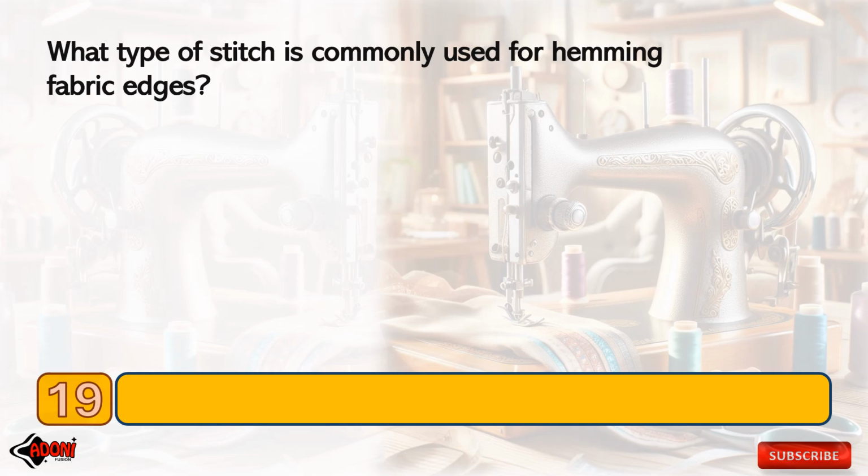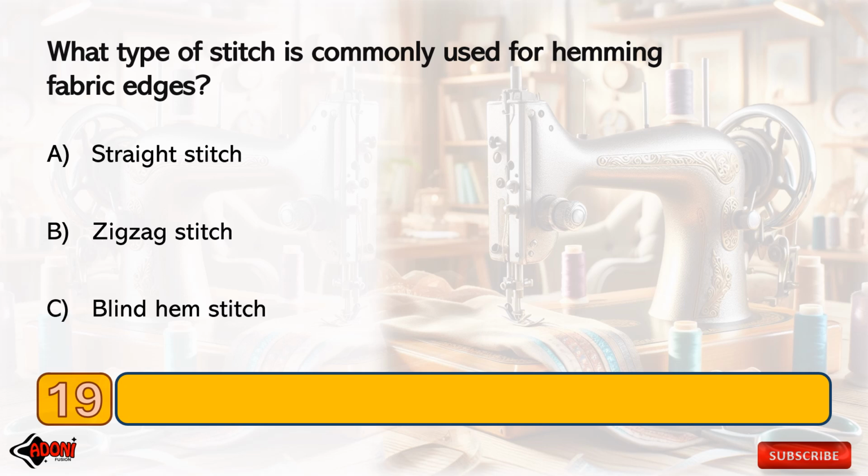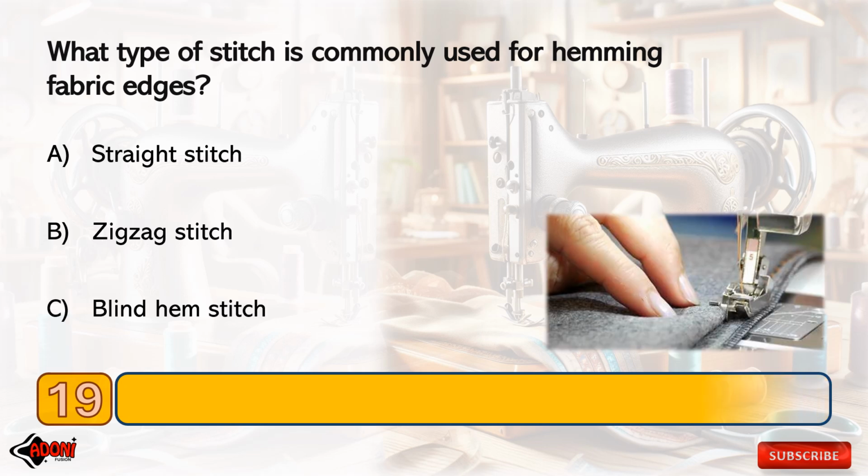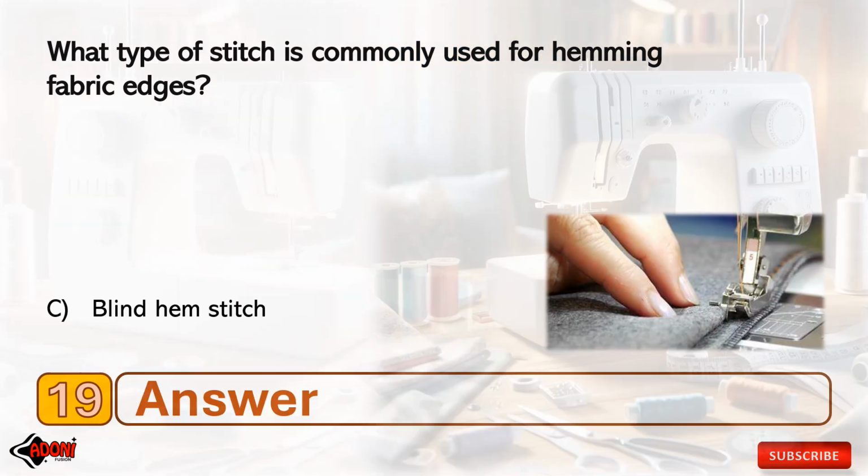What type of stitch is commonly used for hemming fabric edges? Straight stitch, zigzag stitch, blind hem stitch? The answer is blind hem stitch.